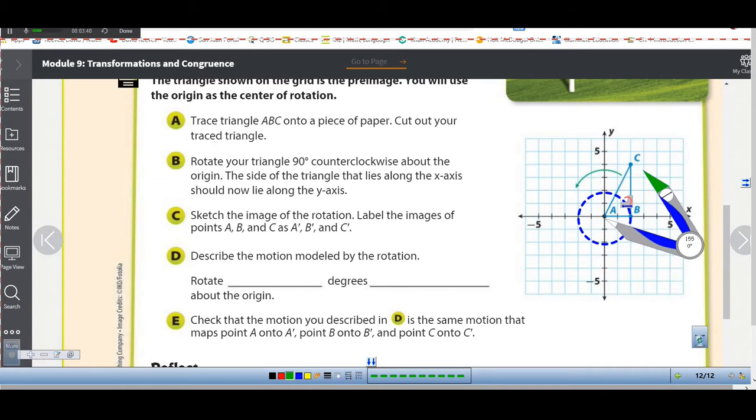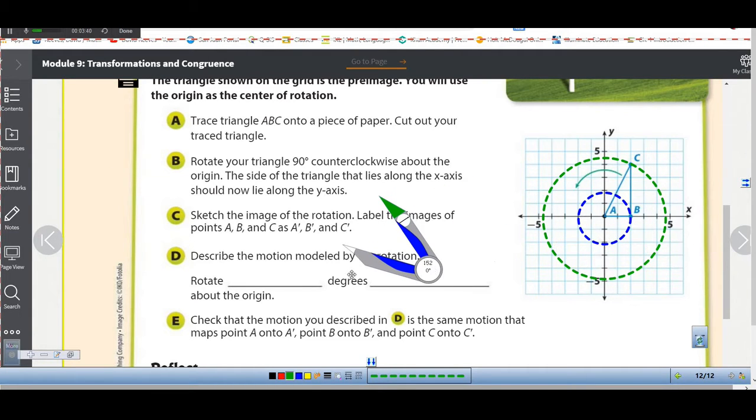Now I'm going to make a circle for point C, and point C is going to travel along that circle. Now I don't need to make a circle for point A because point A isn't going anywhere, right? As I move that triangle around, hopefully you can see that point A will not be moving.